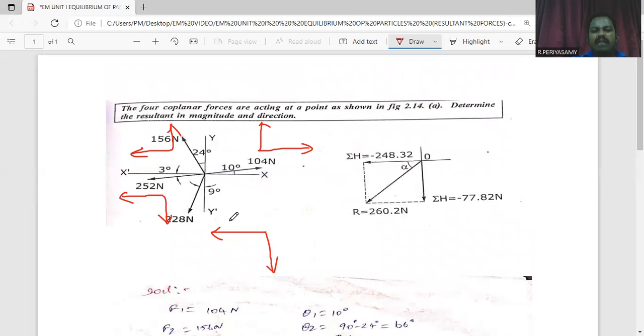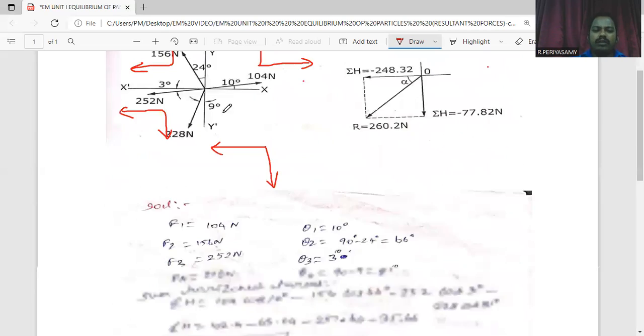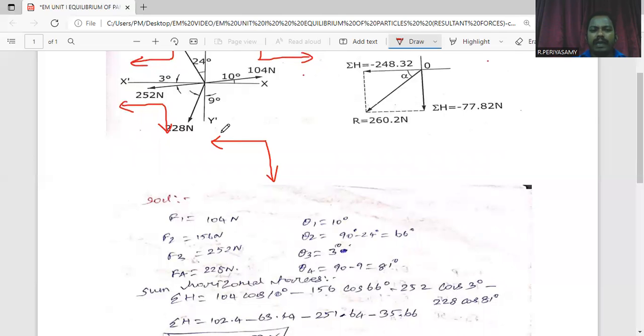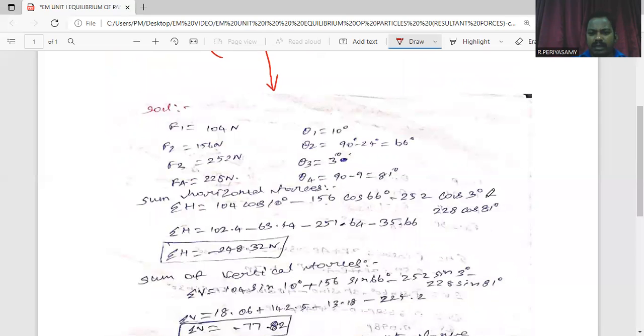Its direction is leftward, so it is considered a negative sign: minus 228 cos 81 degree. Its vertical component is in the downward direction, so negative: minus 228 sin 81 degree. So the horizontal component is minus 228 cos 81 degree.